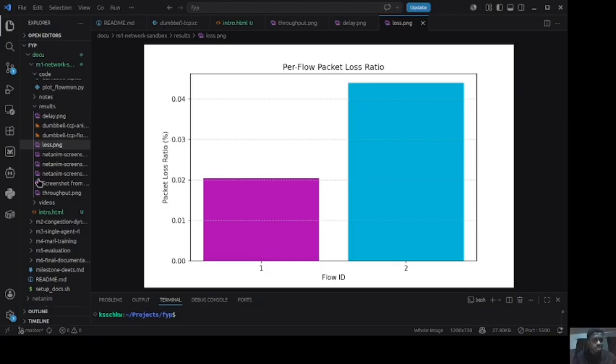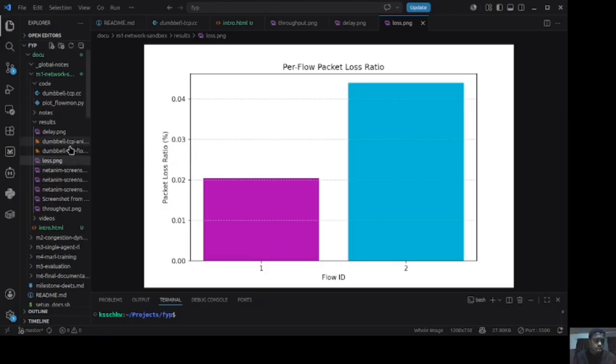Okay, what exactly did I learn from all this? Number one, TCP algorithms do not share bandwidth equally. As you can see, Cubic got more than Reno because of its window growth function, the function that makes the congestion window grow, which works differently compared to Reno's linear growth.